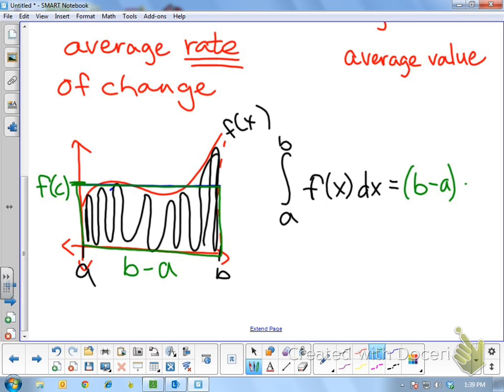And where our line crosses our function would be the x value c. So the area of our rectangle now would be b minus a times f of c. So we said that line was our average value, which means f of c right here is our average value.